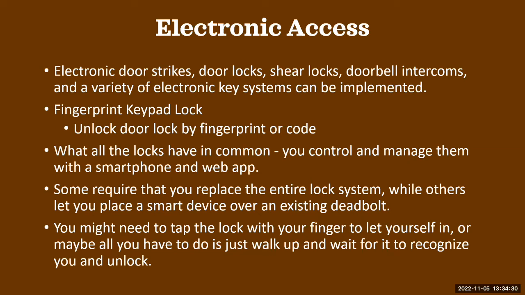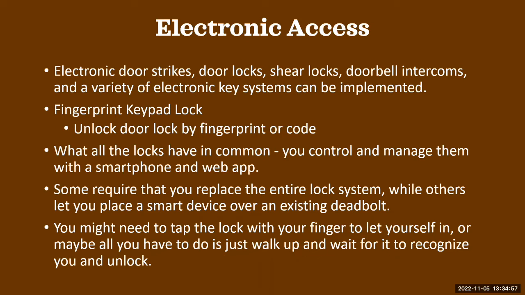Electronic access. Electronic door strikes, door locks, shear locks, doorbell intercoms, and a variety of electronic key systems can be implemented. You can have a fingerprint keypad lock, unlock your door lock, where your fingerprints are the code. What all locks have in common is that you control and manage them from a smartphone or web app.